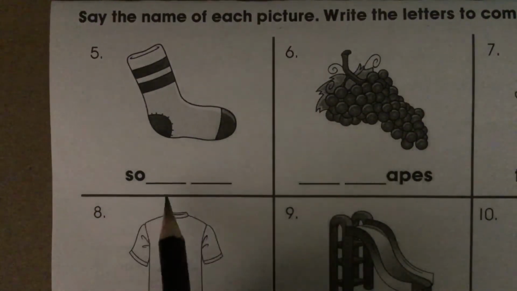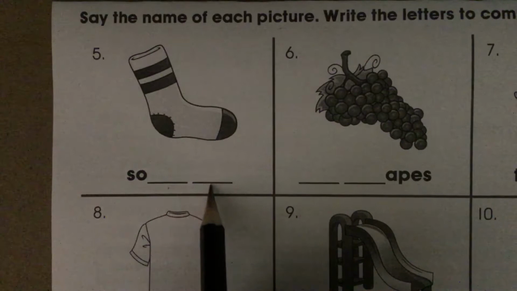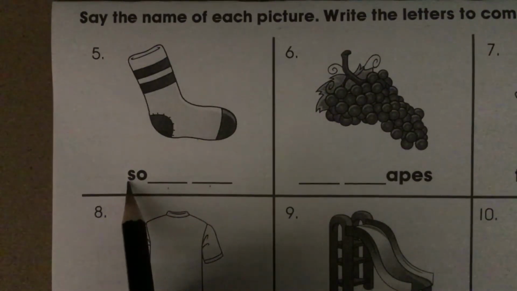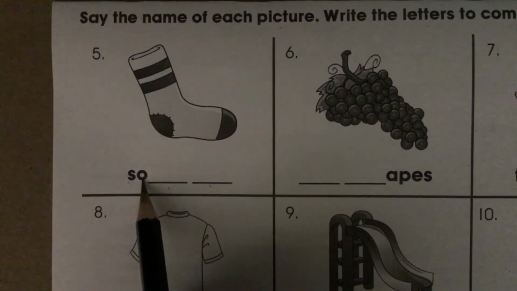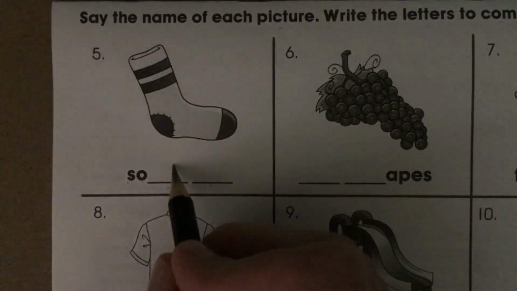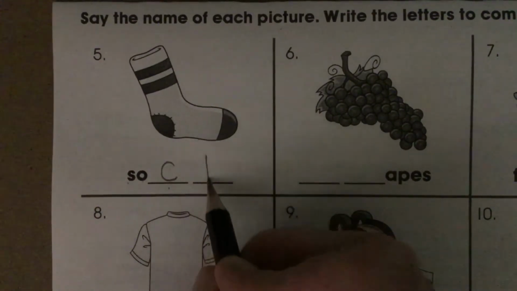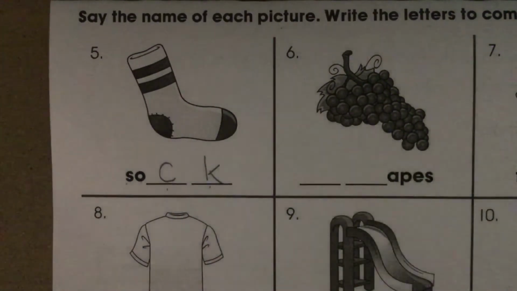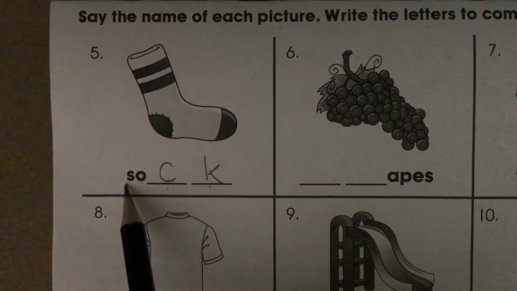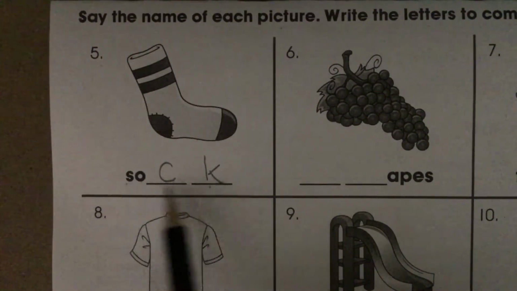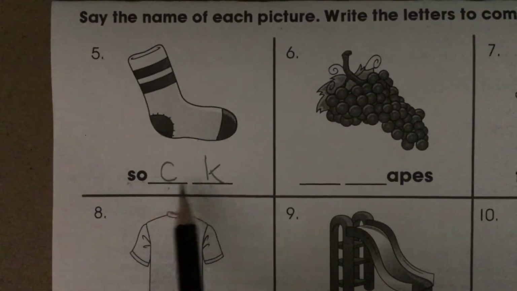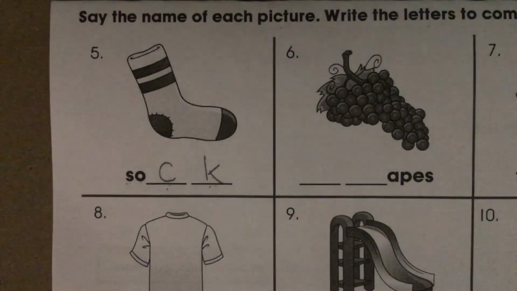Sock. What letters are missing to write the word sock? S, O, C, K. CK says K in this word. So we spell sock, S-O-C-K. Great job.